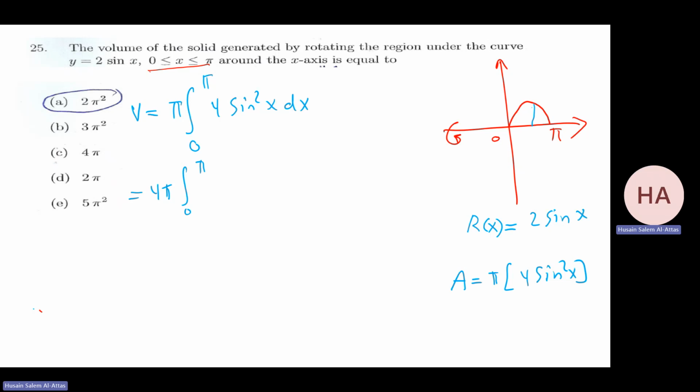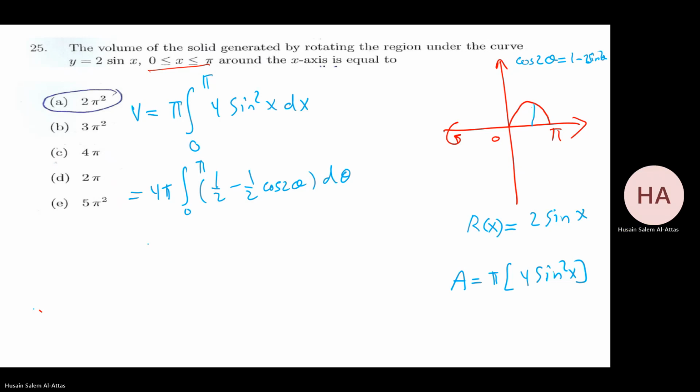I can rewrite it as what? As half minus half cosine 2 theta, using the double angle for cosine. I know cosine 2 theta is 1 minus 2 sine squared theta. So sine squared is equal to half minus half cosine 2 theta.